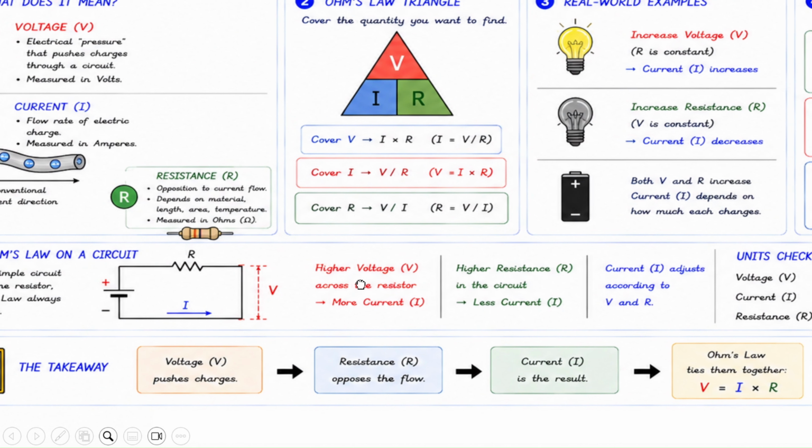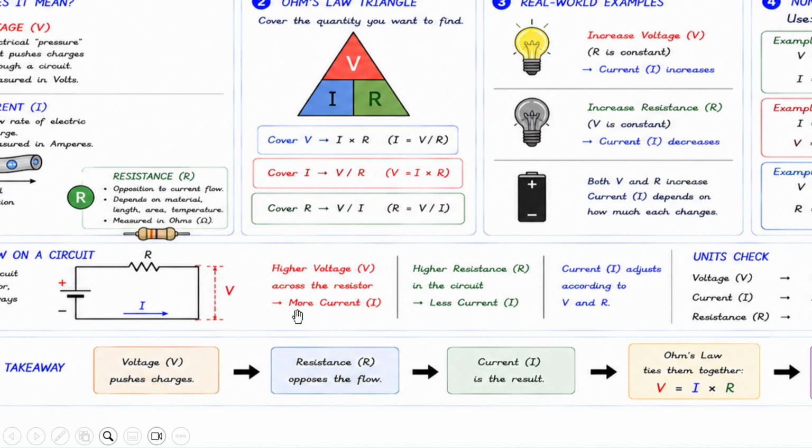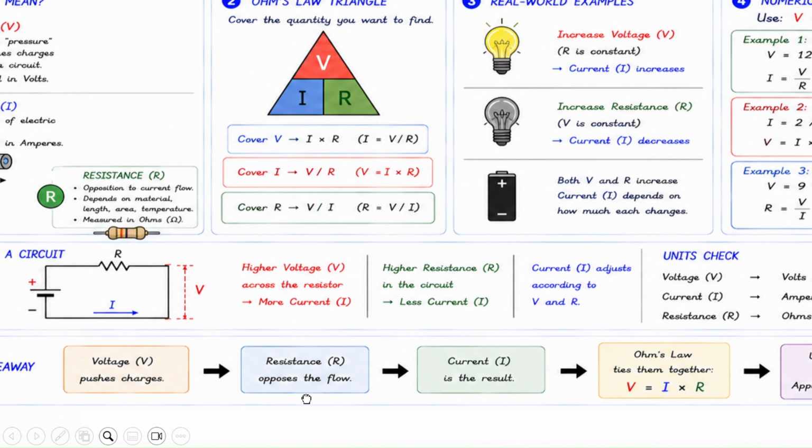So the takeaway here, restating what we discussed: voltage you can think of as the pressure of electric charges. The higher the voltage, the bigger the pressure. Whereas the resistance works against the voltage.